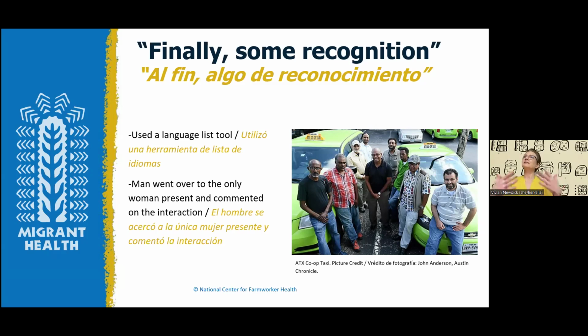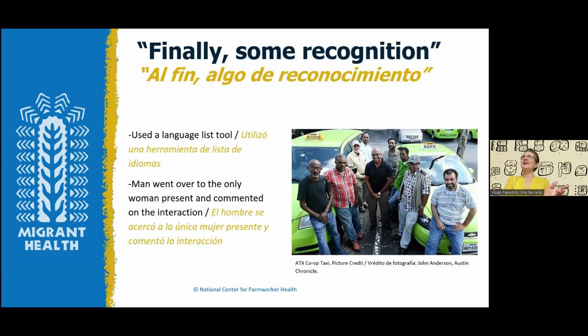I was using a language list tool, and I'll talk about that more later. And this man walks in the door and sees what I'm doing. And he's like, "You're not going to have my language." He spoke English. But I pointed to the list of African languages on the tool. And at the very bottom, he looked at it and he said, "Kinyarwanda, you have my language."